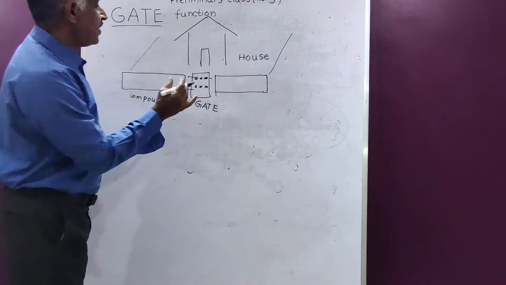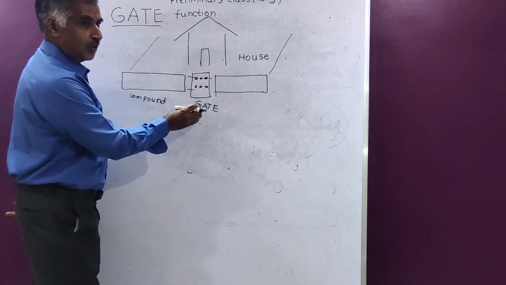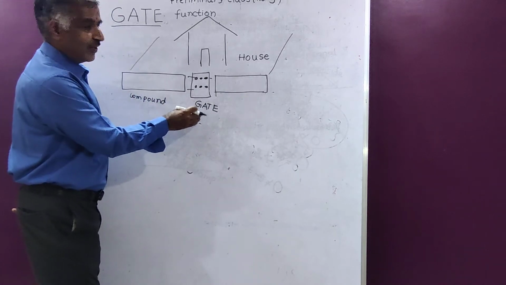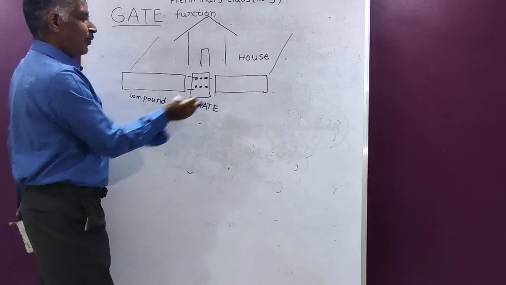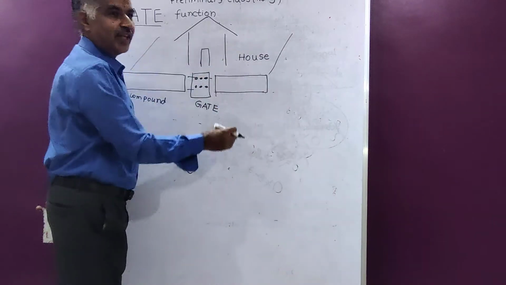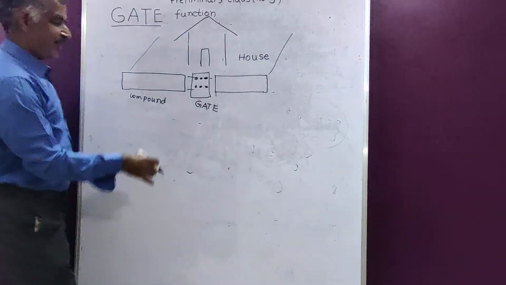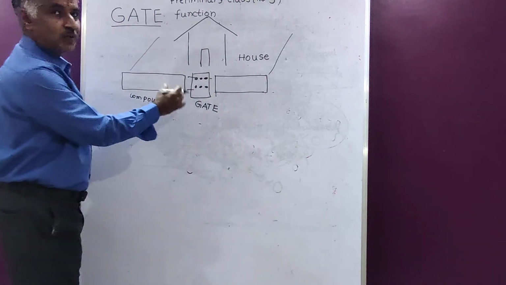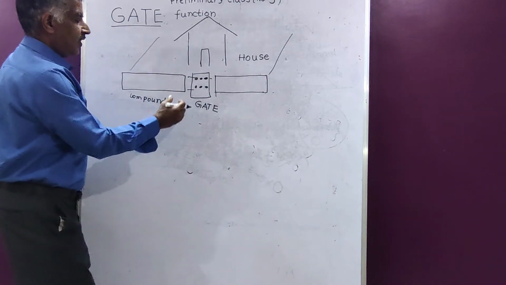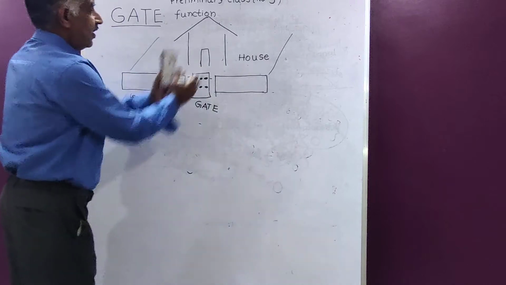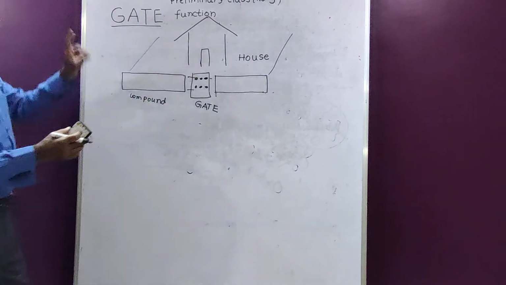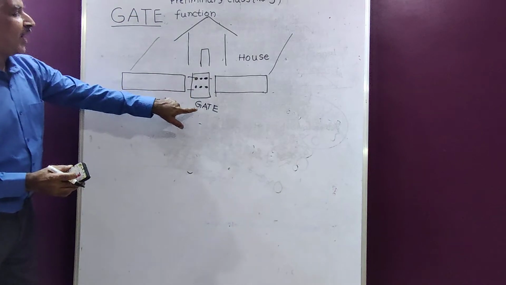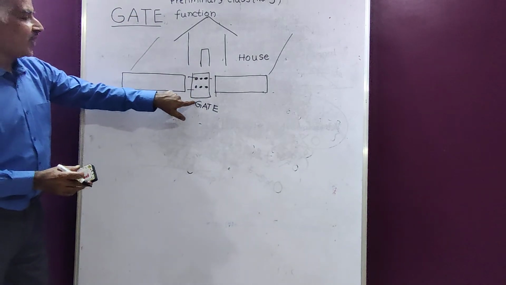Decent people will enter this house through the gate. Let us not bother about indecent people who enter the house by jumping the compound. So here also, the gate is a narrow passage to the house from outside. Bear this in mind, a compound gate.